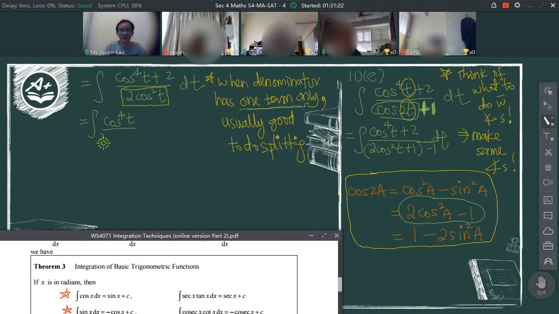In this case, splitting into 2 this way will make it easier to cancel terms away and so on.